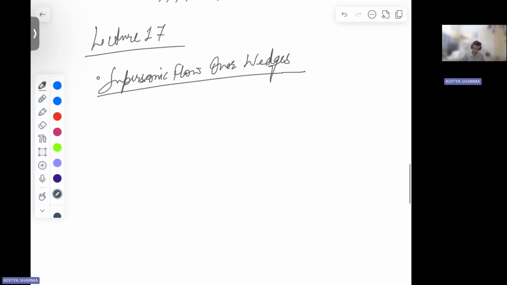So this is there. I have already told you what a wedge is. Okay. That basically is this. This structure basically is a wedge.